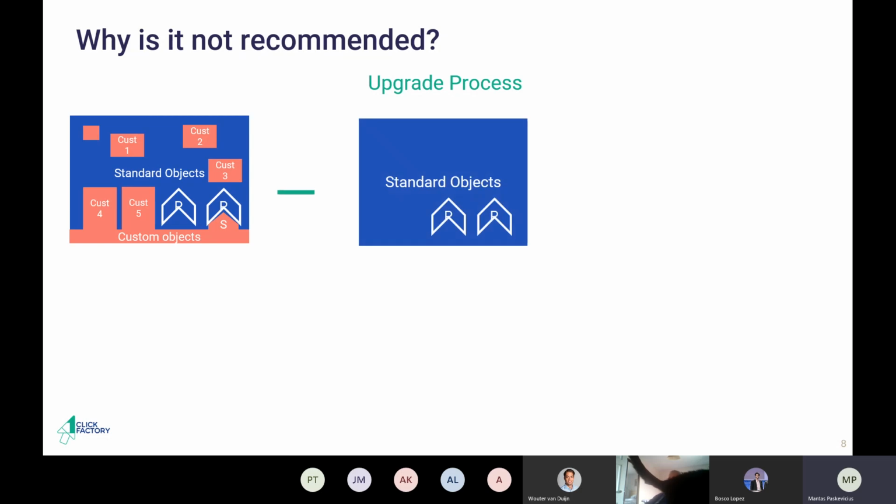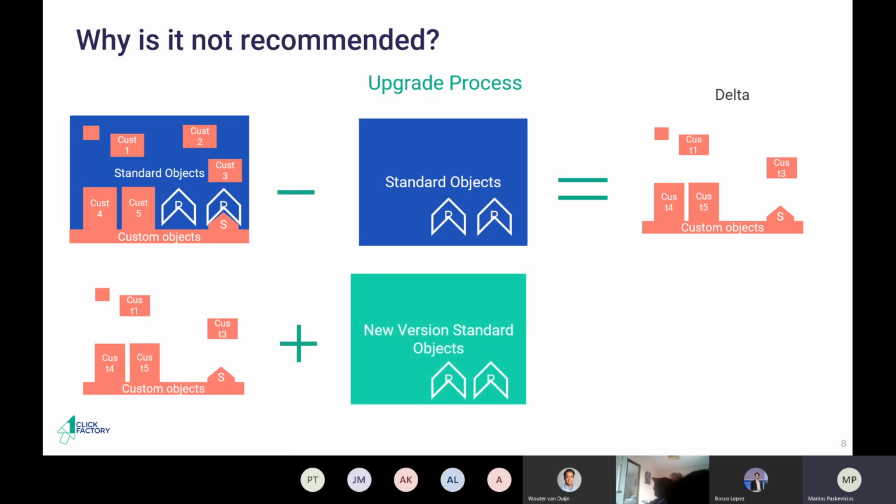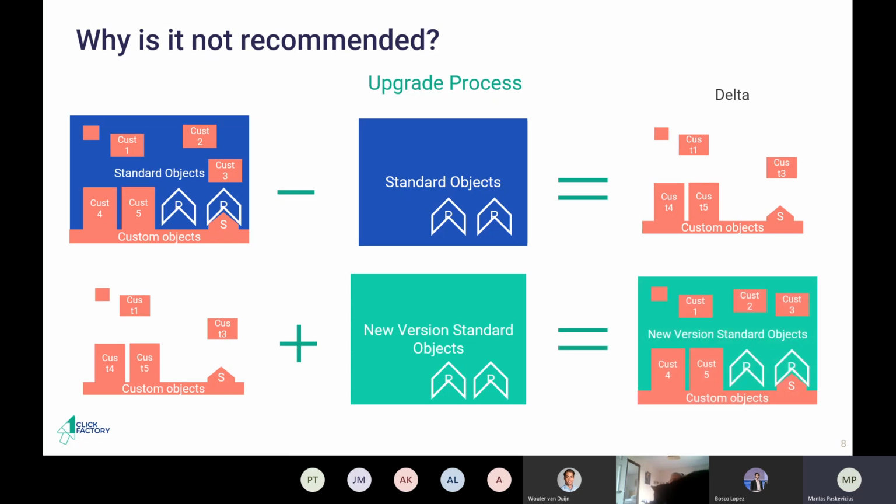So I take the standard objects on that solution, compare that solution with the standard objects, and then I'm gonna have the differences, or basically the code lines that have been added to that solution, or basically all the modifications that your customer or partner has added on that solution. Then I take those differences, those deltas, and then apply them line by line to the new version of Business Central. And lastly, I'm going to have a newer version of Business Central with those specific changes.